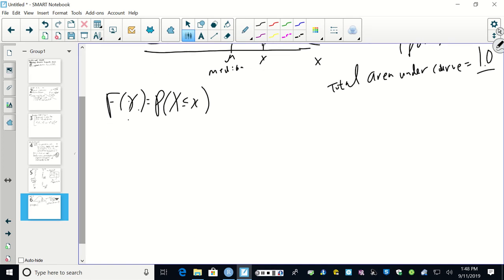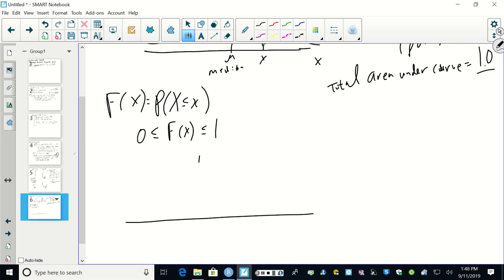These cumulative distribution functions are between 0 and 1. Right? If x is very low, you have no chance of being terribly small. But as you get further and further out, you've seen all the likely values you're going to see. And so if you graph this function, F of x goes between 0 and a maximum value of 1.